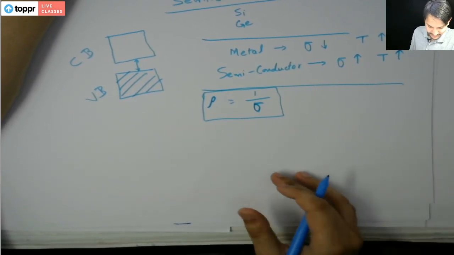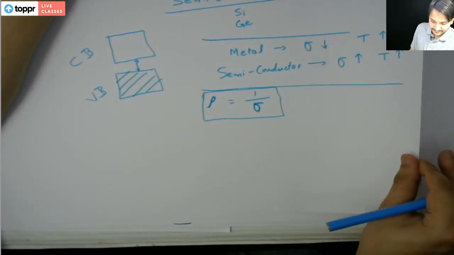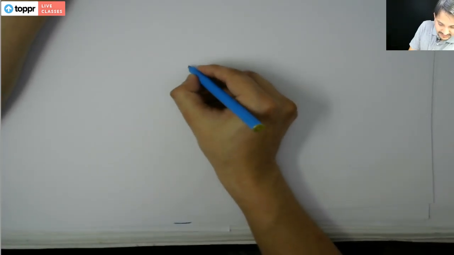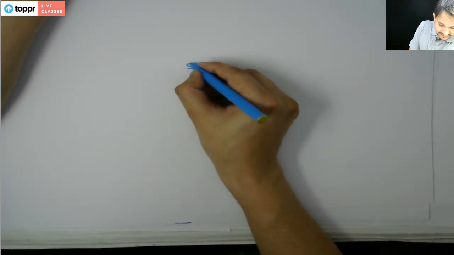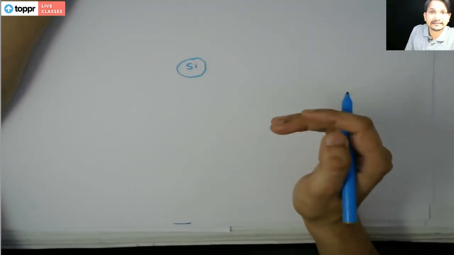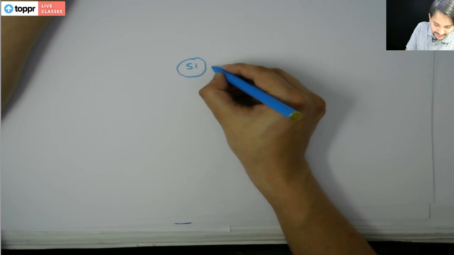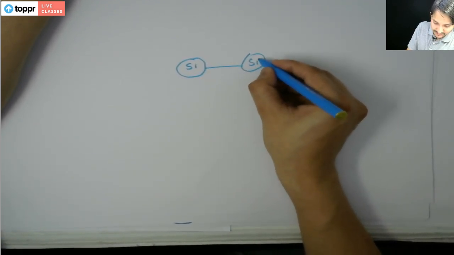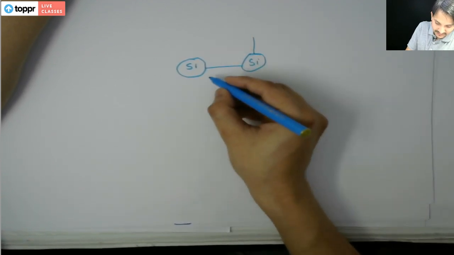So one example we are taking is of silicon. We know that silicon has 4 electrons that are available for bonding, and the structure is quite stable.